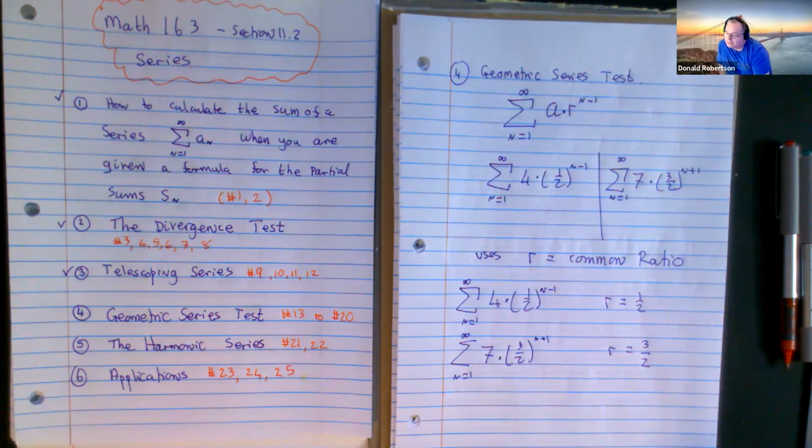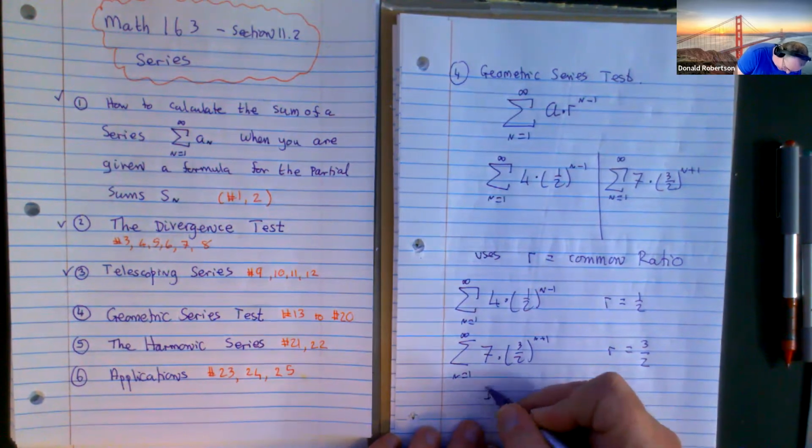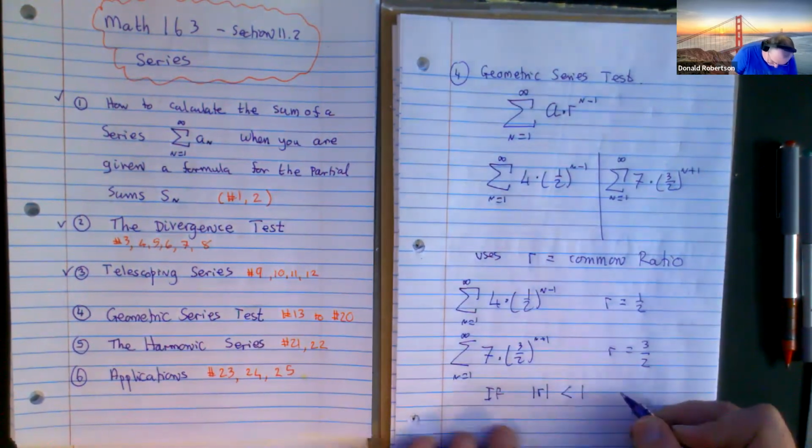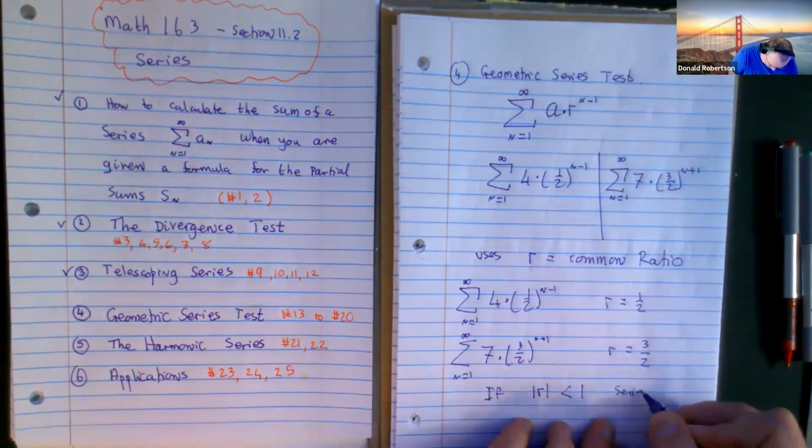Agreed? So far, so good. Now, so what's the test? Here it is. If the absolute value of r is less than 1, the series converges.